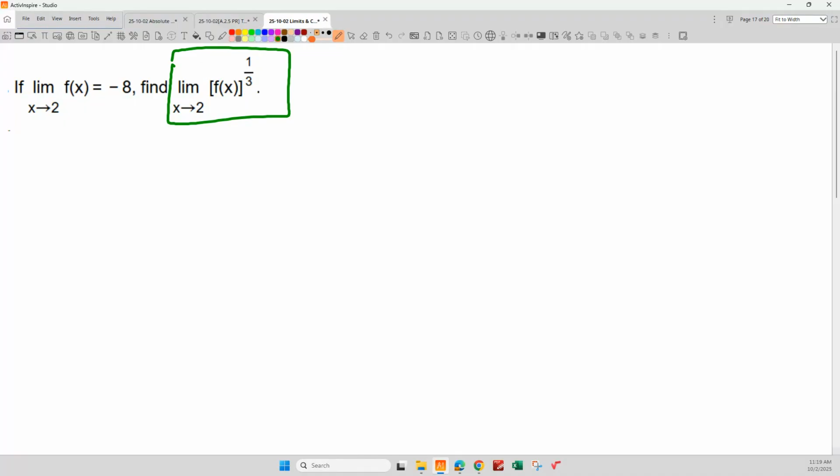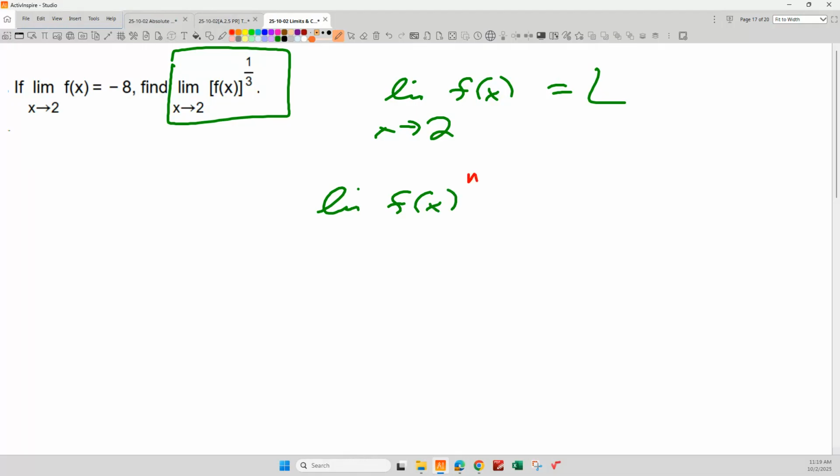Because, and here's the property I want you to be thinking of. If we define the limit of f of x as x approaches 2 as L, we know what it is, it's -8, then the limit of f of x to the n as x approaches 2 equals what?